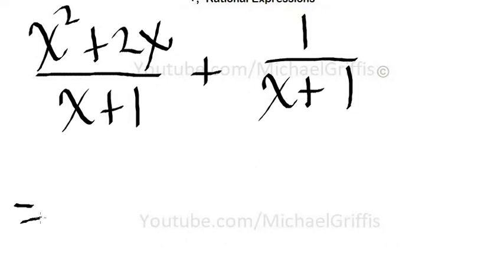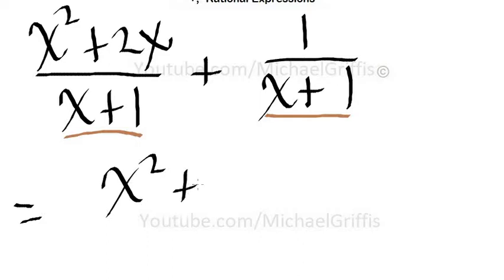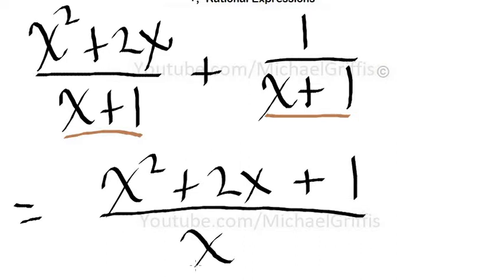Is equal to, we have a common denominator, okay? So all we got to do is add the numerators. So we have x squared plus 2x plus 1. Okay, we add both the numerators. And then just rewrite our common denominator, x plus 1.